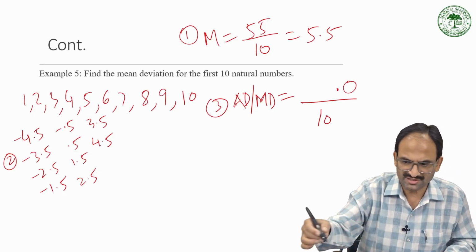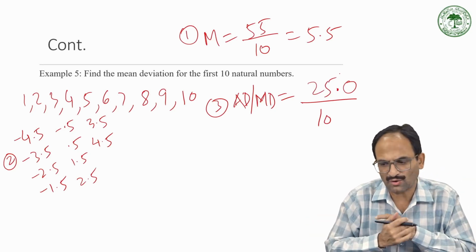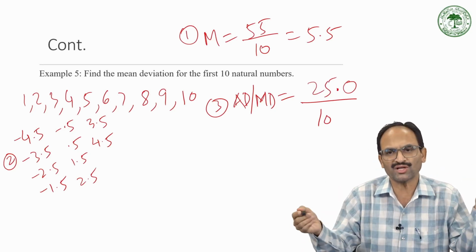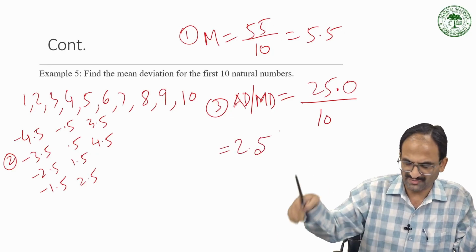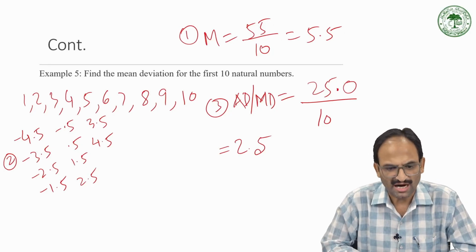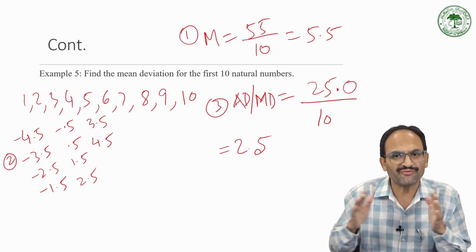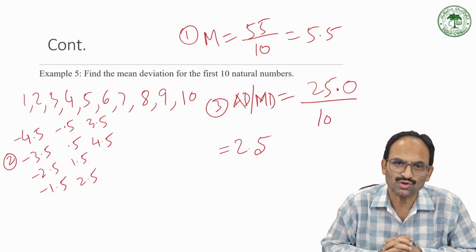So that is 25. The sum has come out to be 25, and the moment you divide 25 by 10, you will get 2.5. So finally the average deviation or mean deviation for the first 10 natural numbers has come out to be 2.5.